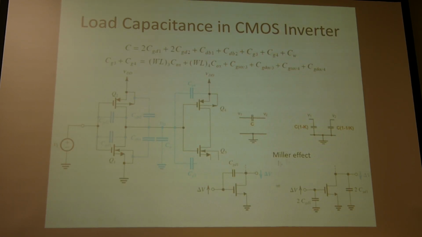So let's look at this one. It's complicated, but let's try to simplify this a little bit. Let's say you are considering one inverter driving another inverter. So two inverters.